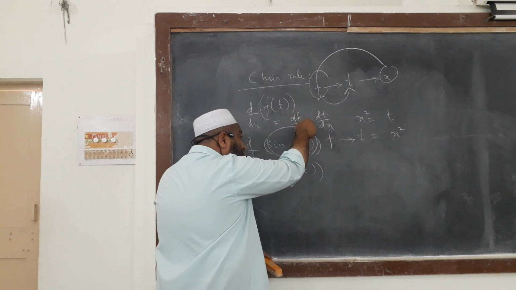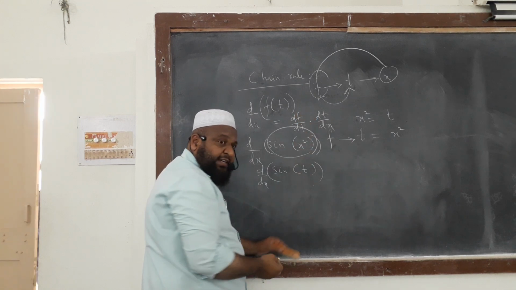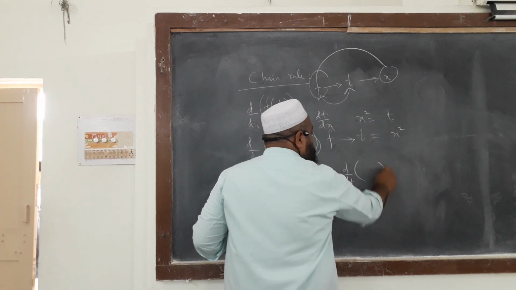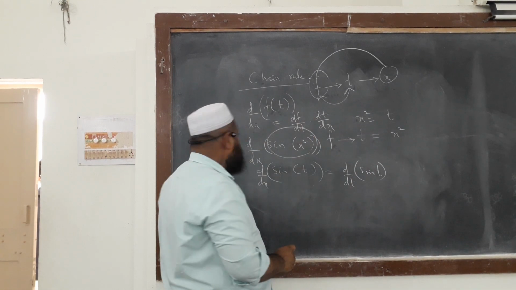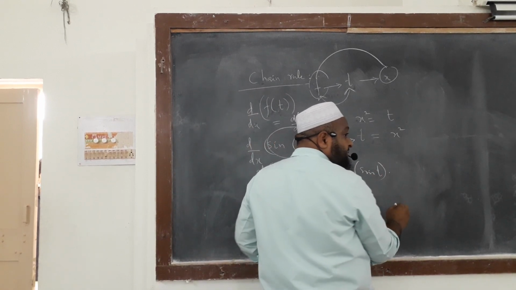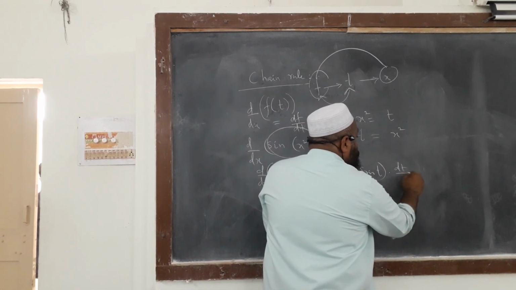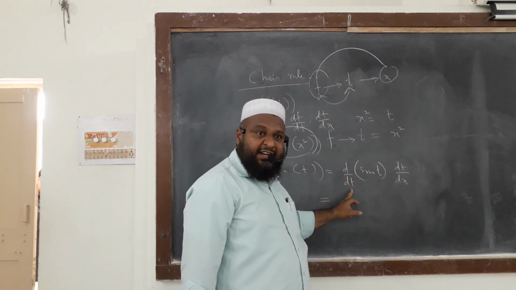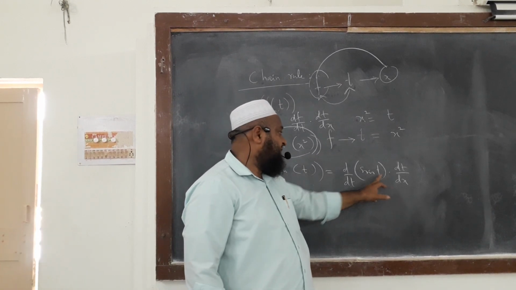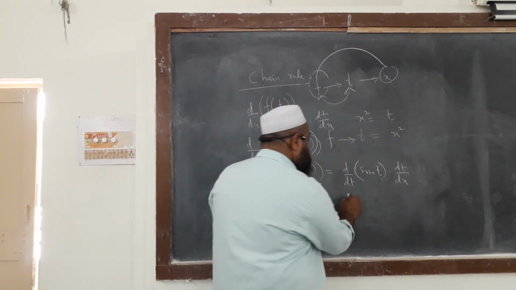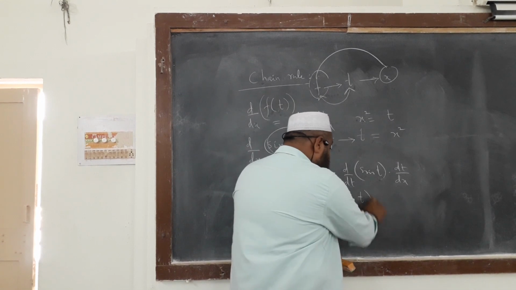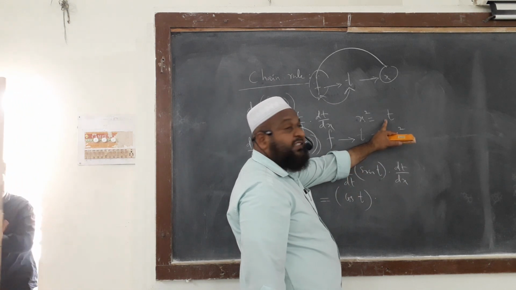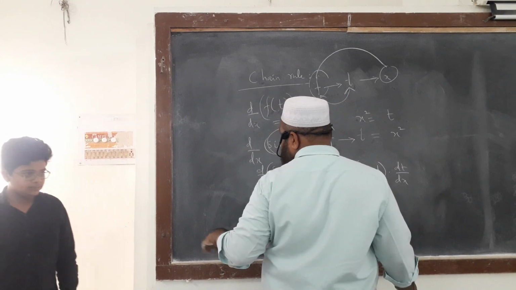So f depends on t. Directly do the differentiation of f with respect to t. It is sine t, and we are doing the differentiation with respect to t itself, into dt by dx. I said earlier, if it is sin x and we are having d by dx, that is cos x. If it is t and t here, that will be cos t. So it is cos t, that into derivative of t with respect to x. What is the derivative of t with respect to x? It is just 2x.